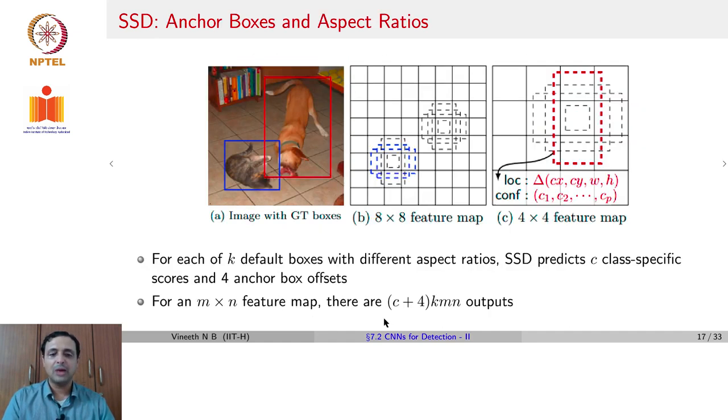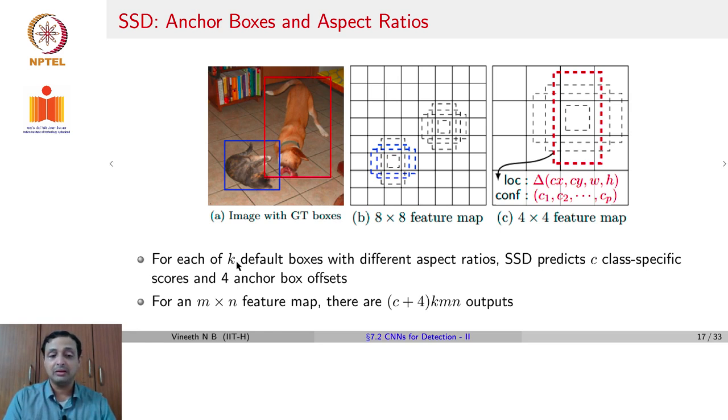As feature maps get smaller and smaller when you go through later parts of the network, you can see here, if this was your ground truth boxes in your original image, an 8x8 feature map followed by a 4x4 feature map. In an 8x8 feature map, if you looked at the anchor boxes for each of these grid cell locations, each of these anchor boxes would predict a set of values the way we talked about it in the previous slide.